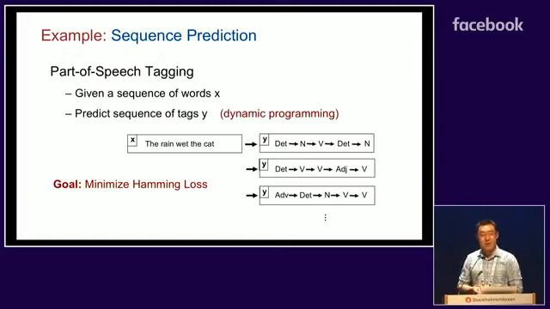In this case, we're going to use dynamic programming, such as the Viterbi algorithm. And the goal then is to find a parameterization of the cost function before we run dynamic programming, such that we minimize a global loss function over strings. In this case, let's just say it's Hamming loss.